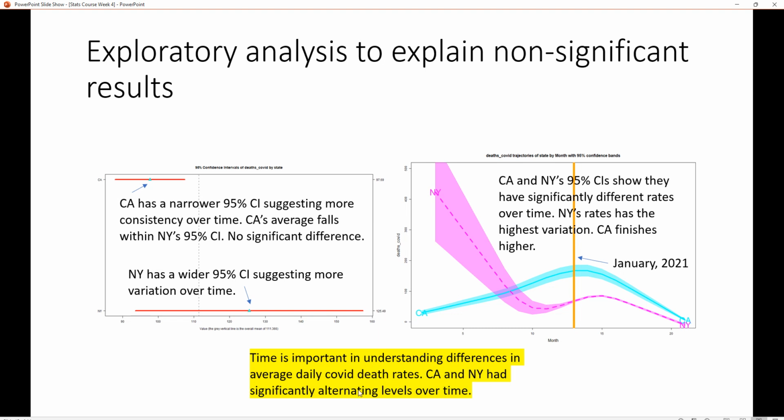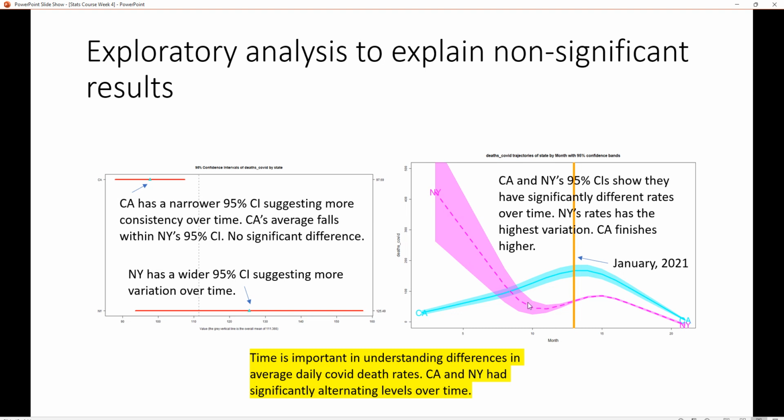California and New York had significantly alternating levels over time, and we see that on the right side. We see that California and New York's 95% confidence interval shows they have significantly different rates over time. New York's rate has the highest variation, but California finishes with a higher rate.